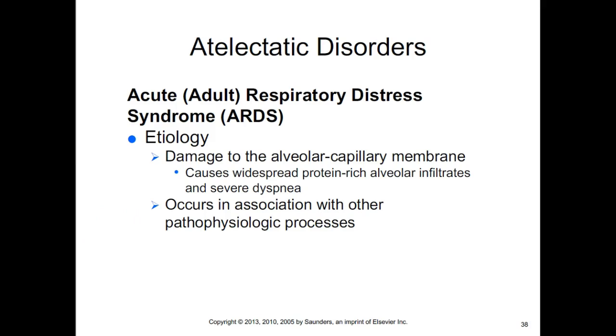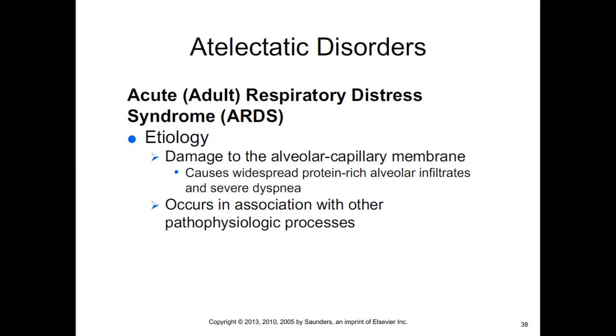Right, so the atelectatic disorders that lead to lung collapse, the most severe is adult respiratory distress syndrome, also referred to as acute respiratory distress syndrome. The etiology is some damage to the alveolar capillary membrane, right?